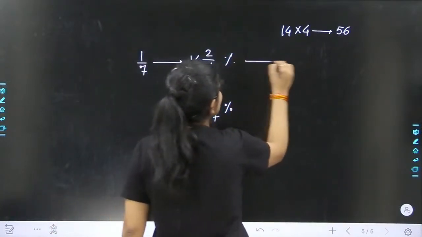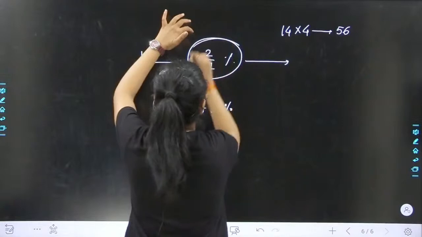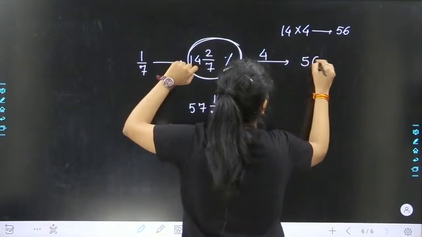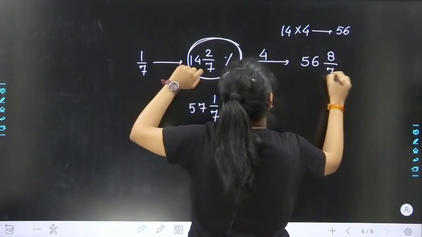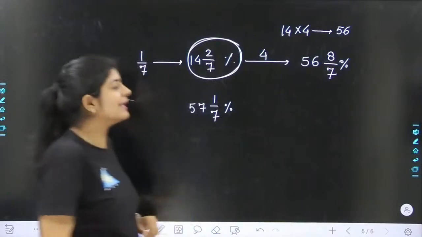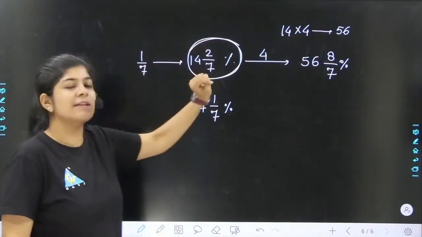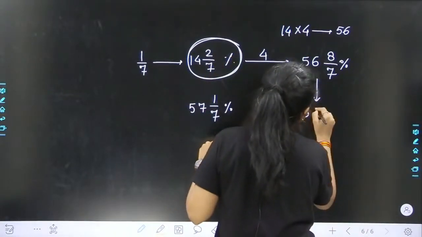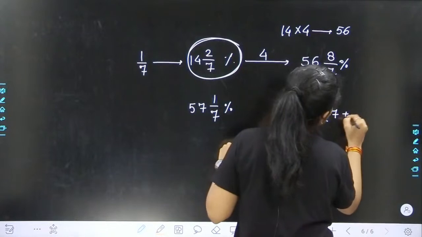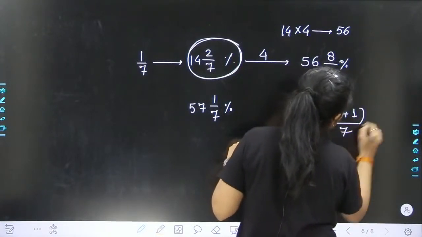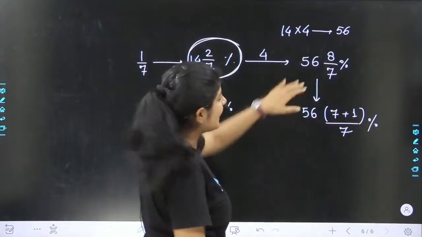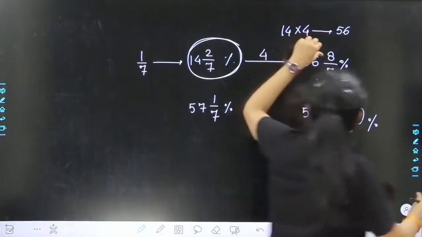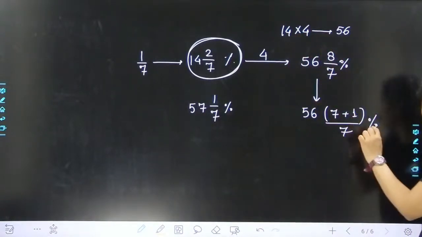So if I multiply 14 2 by 7 by 4, I'll get 56 8 by 7%, right? Now I can also write it as 56 plus 7 plus 1 by 7%. What I did, I just simply broke the 8 into 7 plus 1.